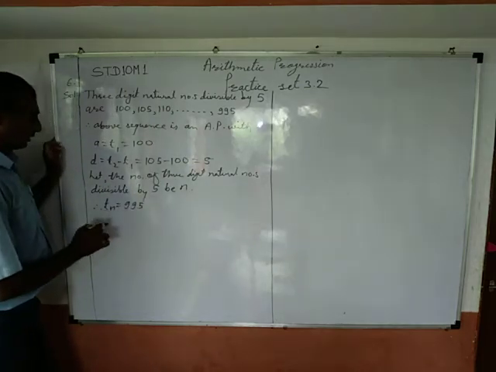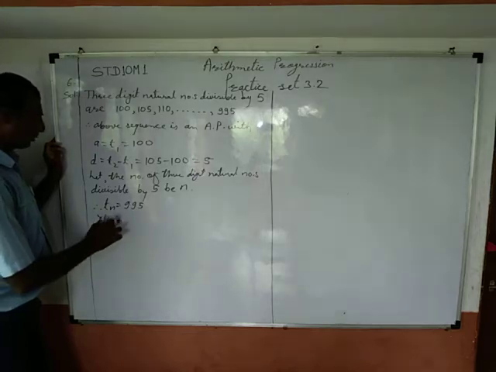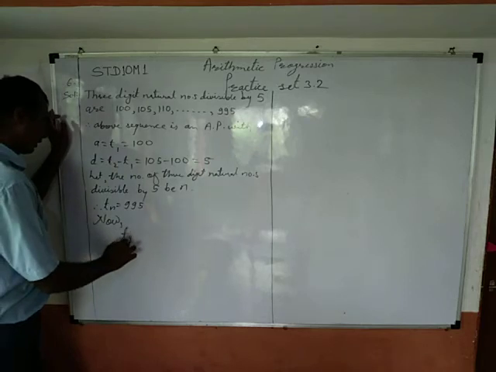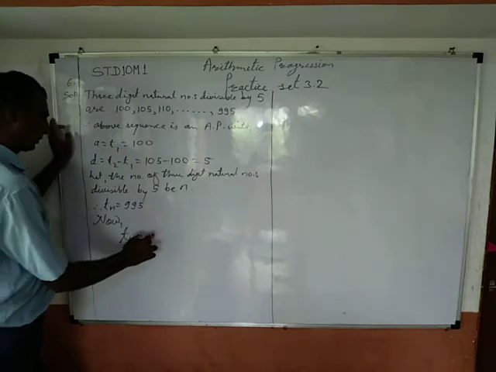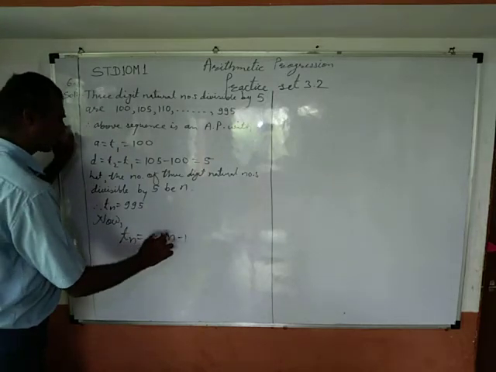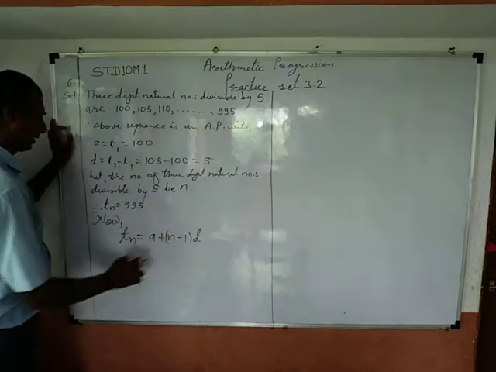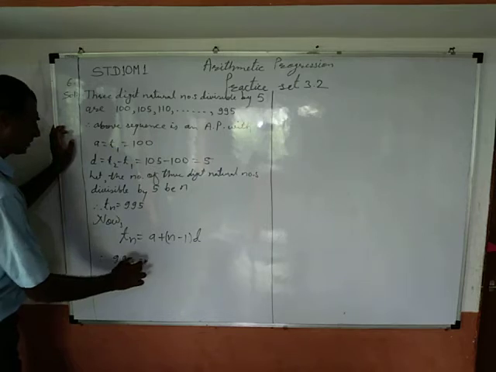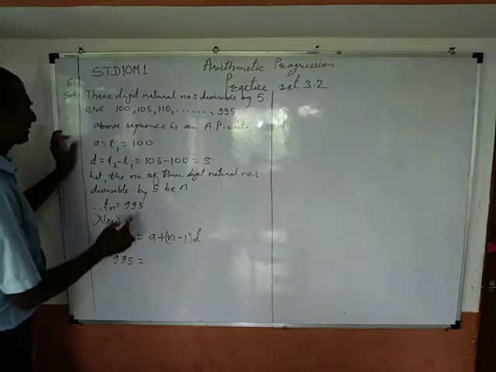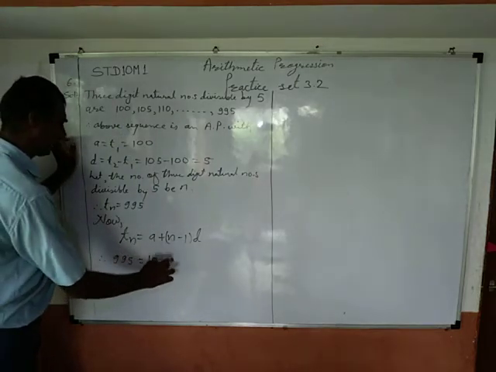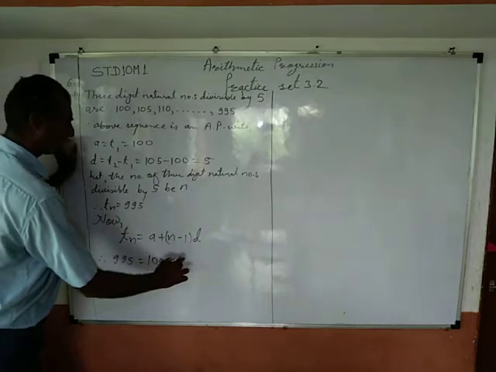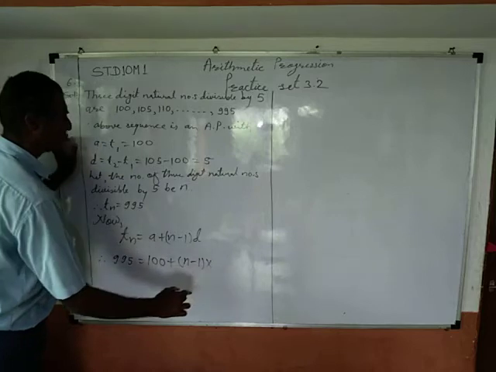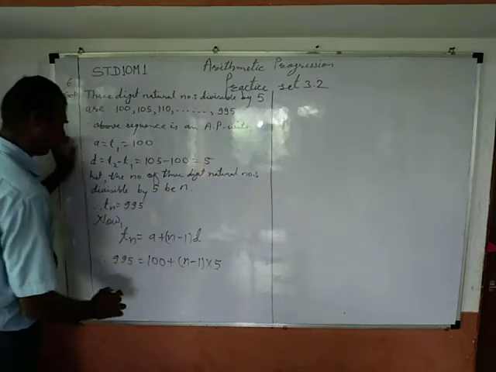Now we have a formula related with Tn, that is the nth term. Now Tn equals A plus n minus 1 into D, and therefore 995 must be equal to, value of A is 100 plus, we don't know the value of n, so let's keep that n as it is, n minus 1 into value of D is 5.